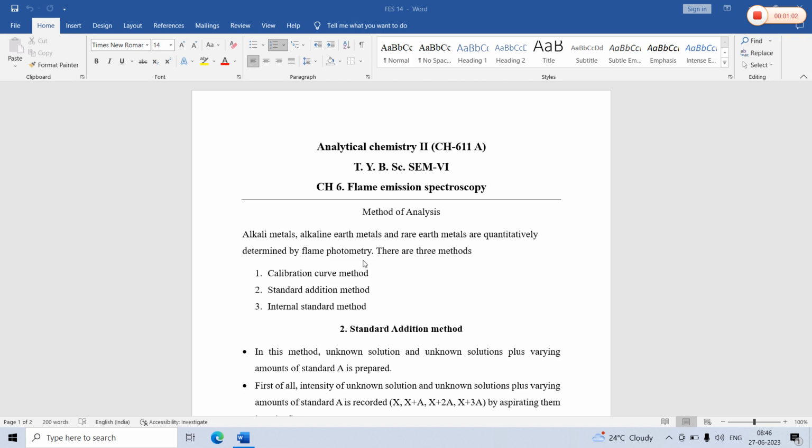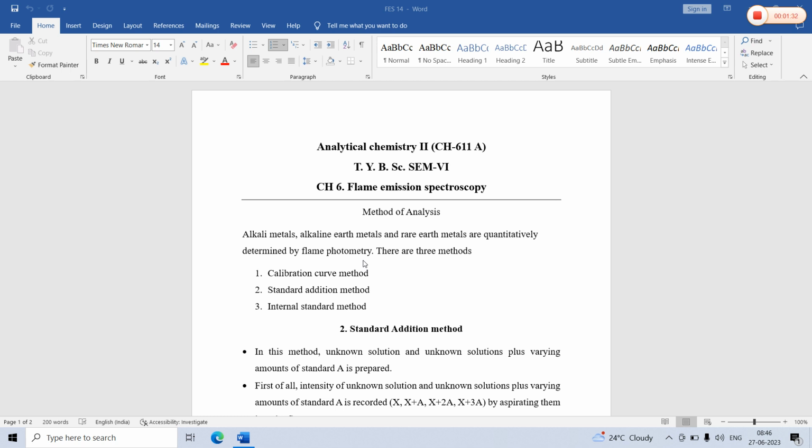From the wavelength we get information about which element is present. The intensity of the wavelength, the intensity of the color, gives the quantitative estimation, that means how much amount is present.